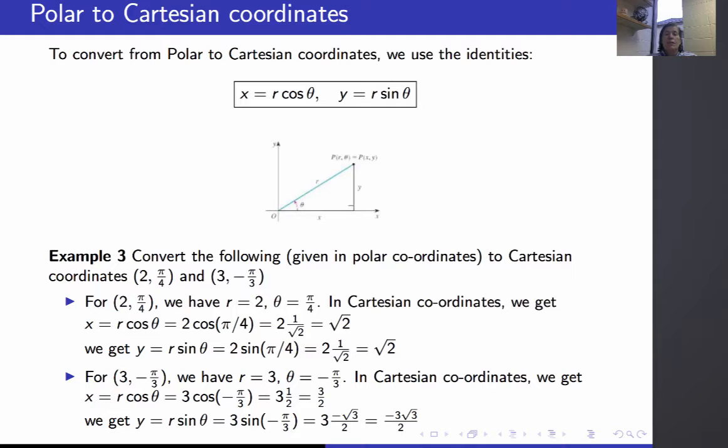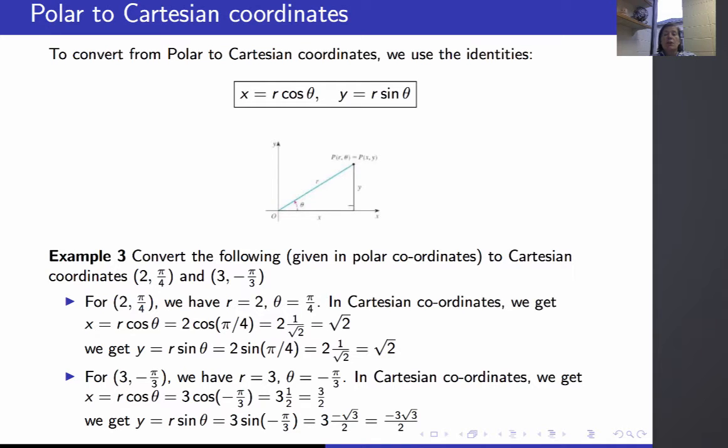For the point given in polar coordinates as r equals 3, theta equals minus pi over 3, we have Cartesian coordinates x equals r times cosine of theta, which is 3 times cosine of minus pi over 3, which is 3 times 1/2, which is 3 over 2. And the y value is r times sine theta, which is 3 times sine of minus pi over 3, which is 3 times minus the square root of 3 over 2, which is minus 3 times the square root of 3 over 2.